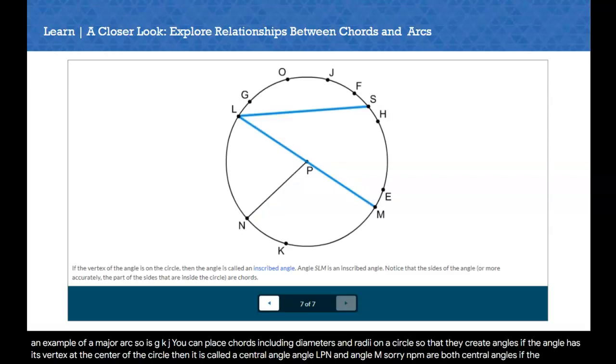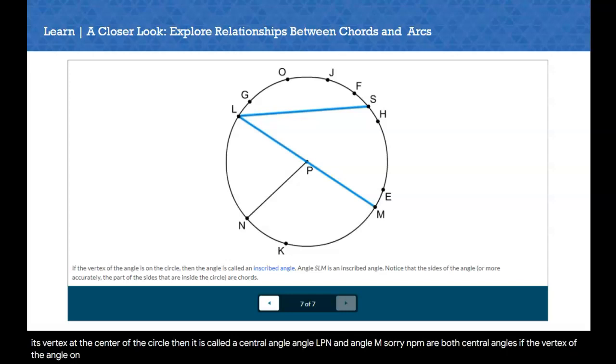If the vertex of the angle is on the circle, then the angle is called an inscribed angle. Notice the vertex L is on the circle. Angle SLM is an inscribed angle.